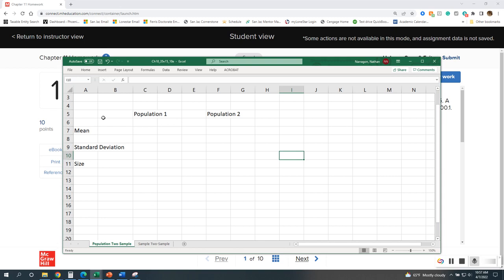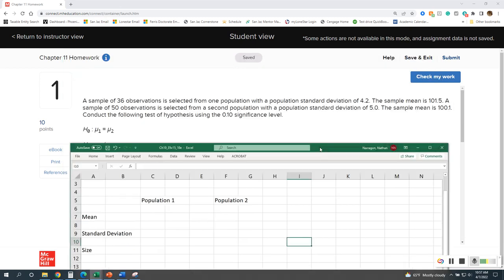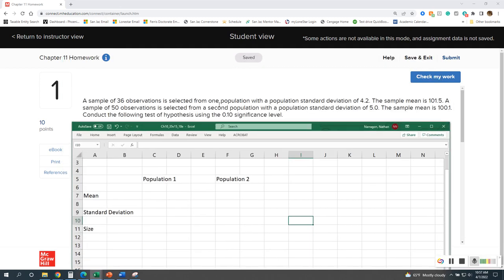Notice that I've got both our sample sizes for this one, and I took the main values: mean, standard deviation, and size. This way I can break down the problem and see what numbers I'm working with.